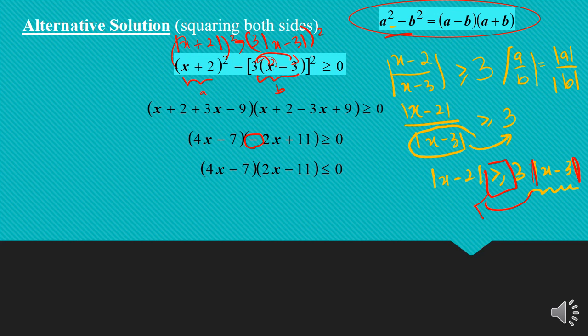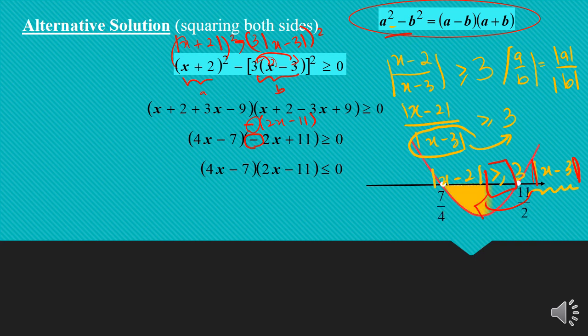So what I do is take out negative of 2x minus 11. To eliminate the negative one, we multiply with negative, so the sign will be changed. That's why we have 4x minus 7 multiplied with 2x minus 11. To solve the quadratic, we just have to find the roots and then sketch the graph. It is a smile graph.